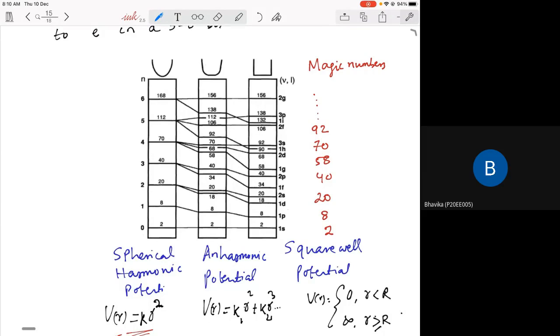It is not purely spherical like a harmonic oscillator, nor perfectly like a square well. Rather, at the bottom you have a rounded corner, not a sharp one, so it is a mixture of the harmonic potential plus the square well potential.